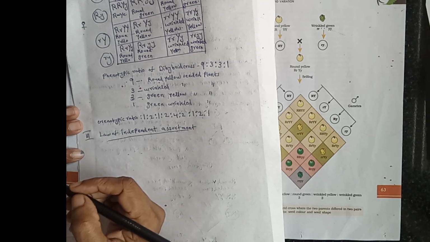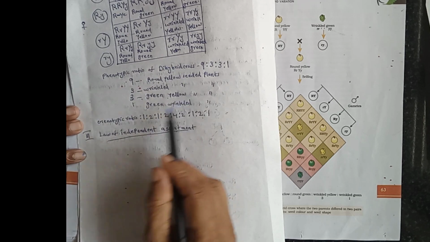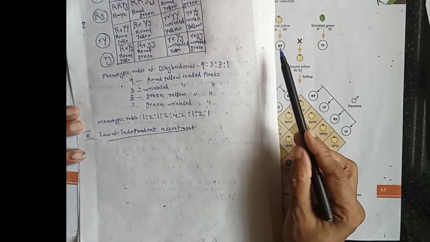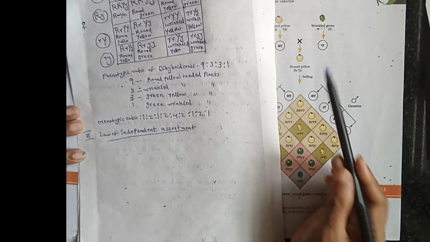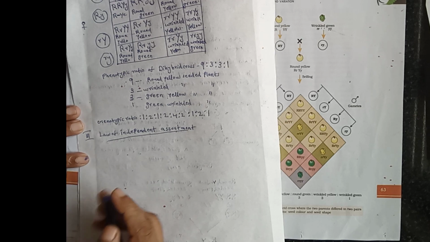In this law, if we consider 2 pairs of contrasting characters, that is considering the dihybrid cross, for example tallness or flower color, here we take the seed color and seed shape, any 2 contrasting characters, genes for each character pass to the next generation without any type of mixing. That is, the genes for tallness never mix with the genes for flower color.